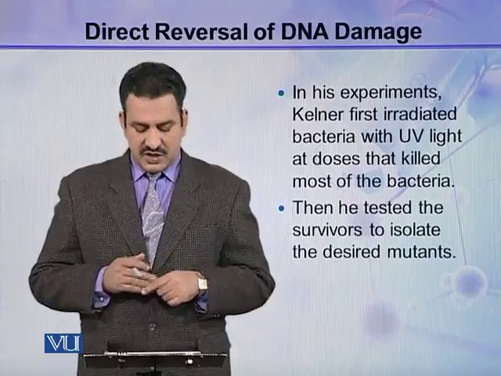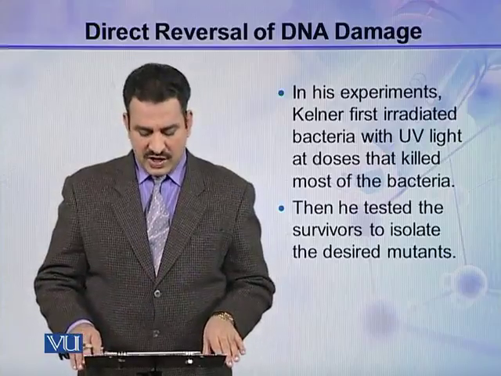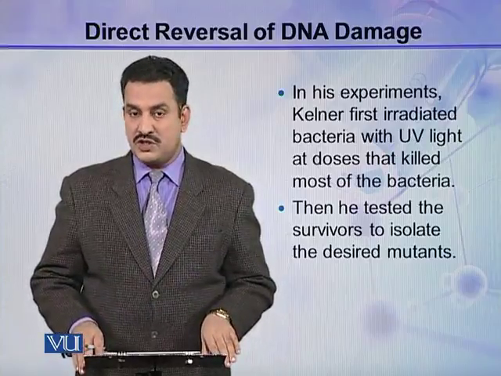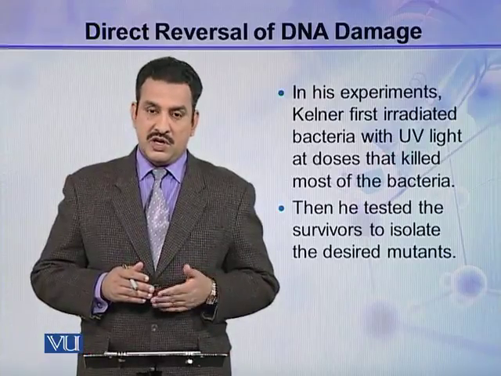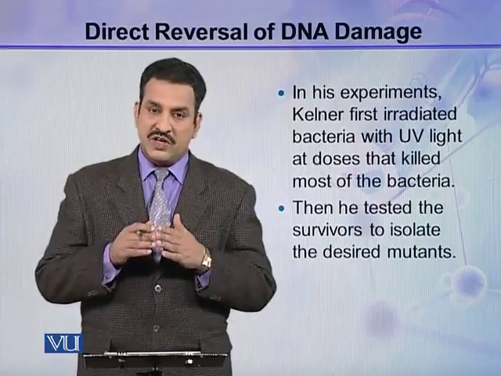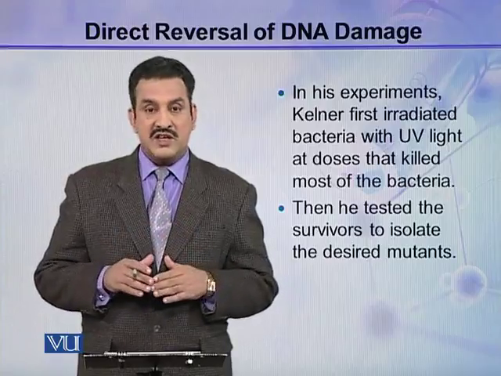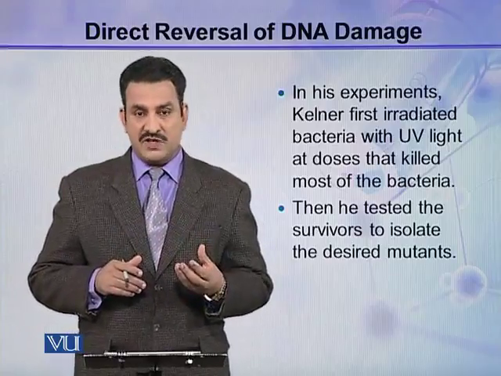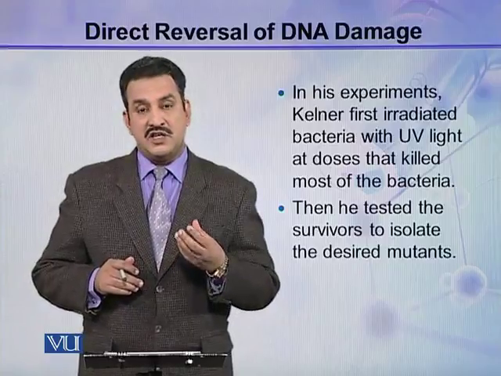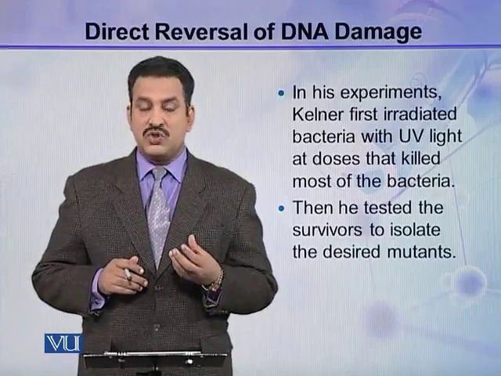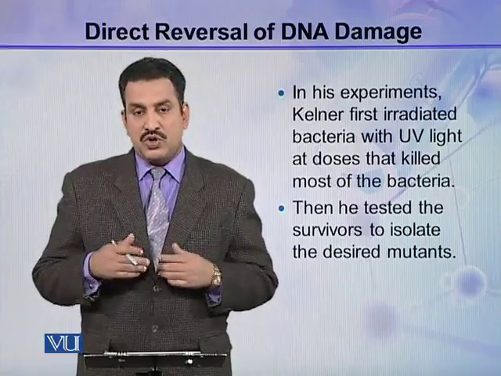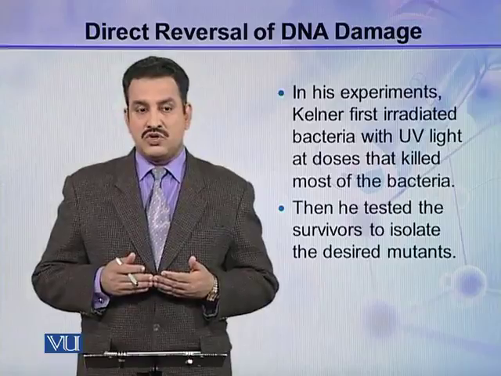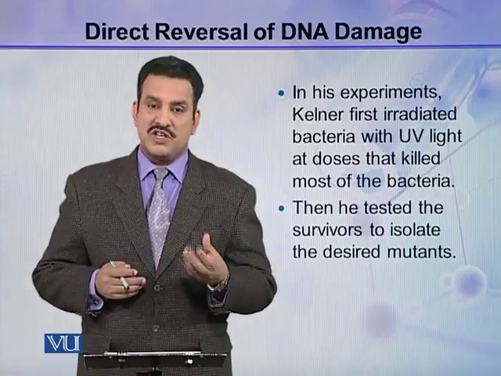Then he tested the survivors to isolate the desired mutants, because after that exposure he was expecting most of the bacteria to be killed, but he found some survivors, and he tested those survivors so that he might get some desired mutants, because he was working to get mutants.